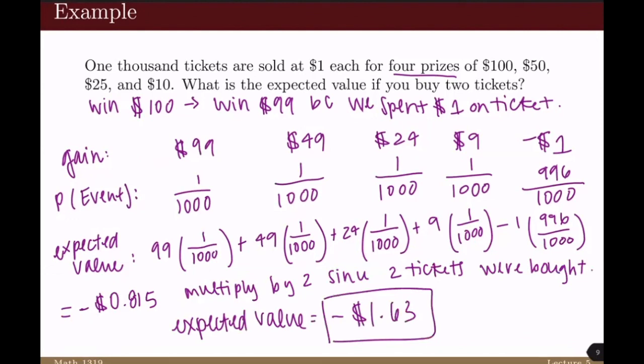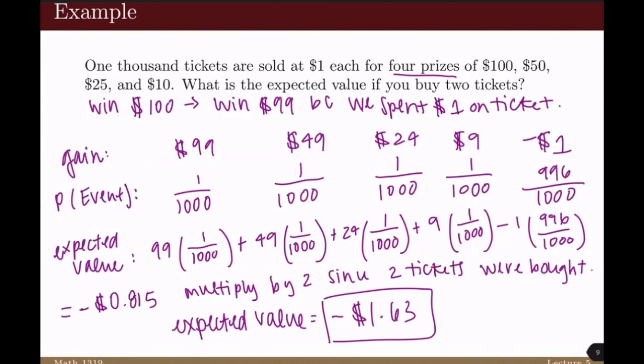To explain what expected value is a little bit more conceptually, we're thinking if we do this event multiple times. So this lottery game, if you will, these 1,000 tickets being sold, we go every single day for a year and we buy 2 tickets. And we may have won and we may have lost some.